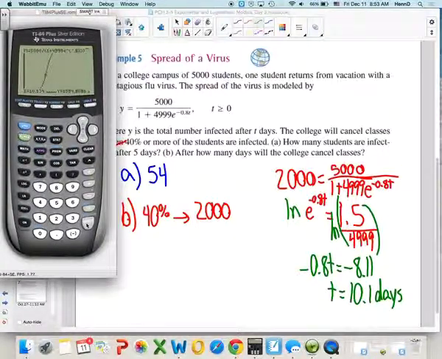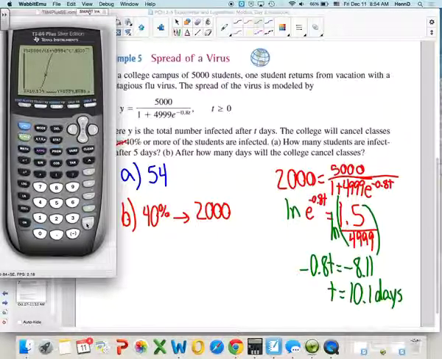I'm in 1994. We're getting closer and closer to 2000. All right, so they've evidently realized, hey, once we get to this point, in order to avoid it skyrocketing, we need to take an intervention. We need to cut it off and cancel classes so everyone can stay home, stay away from each other, and get better. Okay.